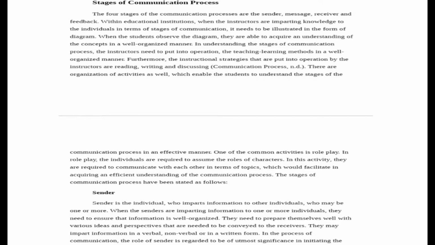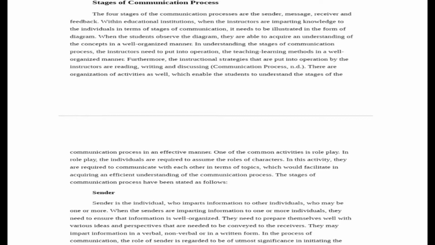Within educational institutions, when the instructors are imparting knowledge to the individuals in terms of stages of communication, it needs to be illustrated in the form of a diagram. When the students observe the diagram, they are able to acquire an understanding of the concepts in a well organized manner.